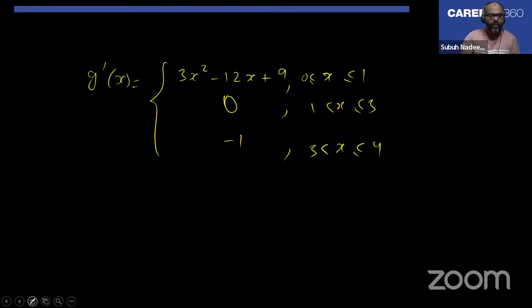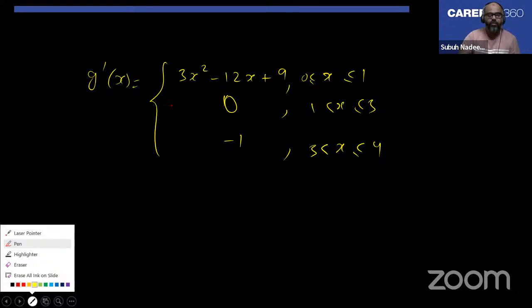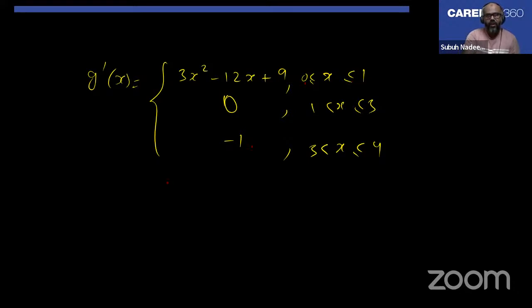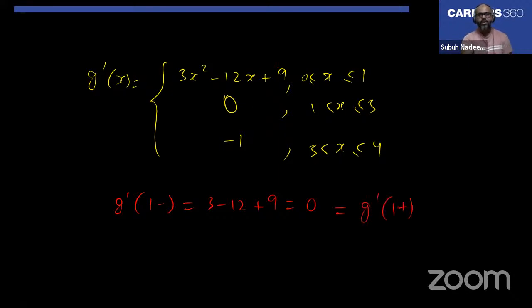So as we can see here, at 1, if we look at g'(1-), then 3 - 12 + 9 will be 0, which is equal to g'(1+). This is also 0, this is also 0. So it is differentiable at x = 1.